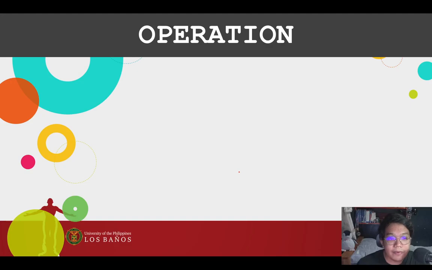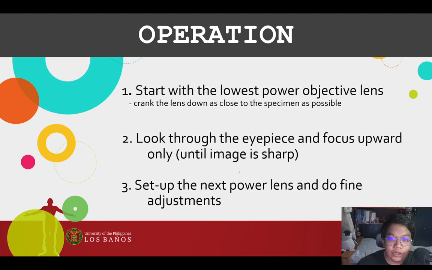So for us to operate this, we have to make use of the microscope, diba? So first, we have to start with the lowest power objective lens. So we do that by cranking the lens down as close to the specimen as possible. So sa ating operation of microscope, yung pinakamalapit na possible na pwede ng objectives natin dun sa slide or dun sa specimen, ginagawa natin na hindi dapat magta-touch yung dalawa.